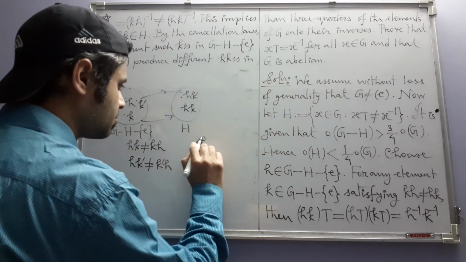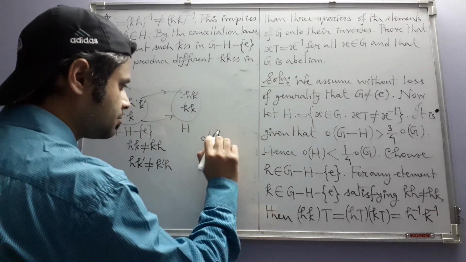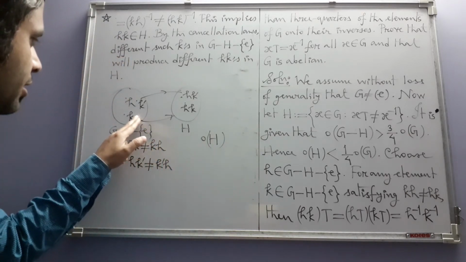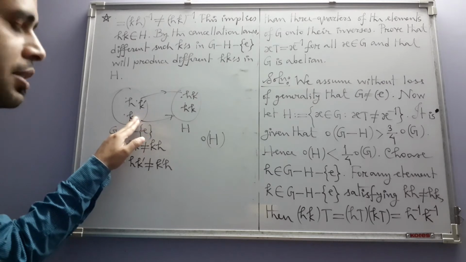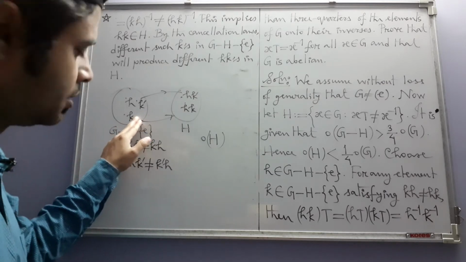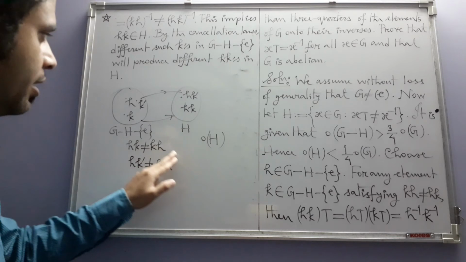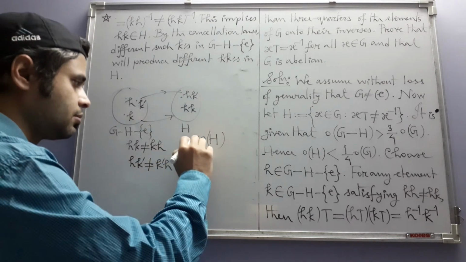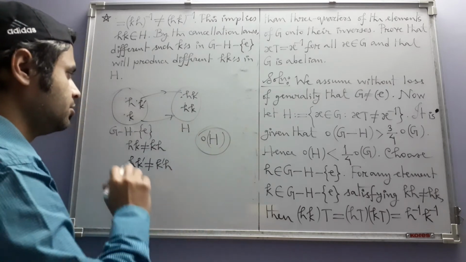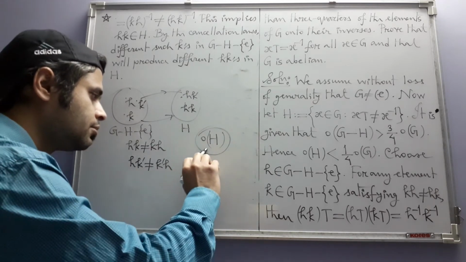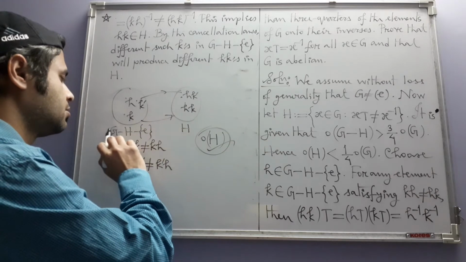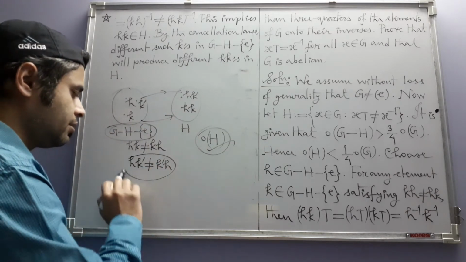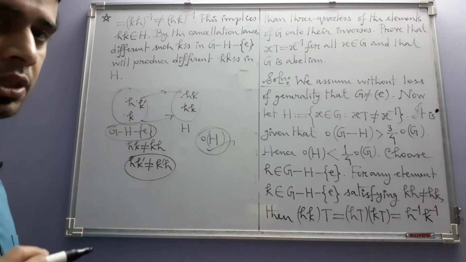H has order of H elements. So correspondingly, there should be a restriction on the number of such cases that can be chosen for which this will happen. Okay, and that restriction clearly is this. So you can choose at most this many k's in this set such that they do not commute with H.